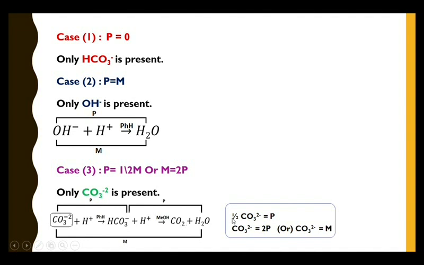So half of CO3 minus 2 is equal to P, therefore CO3 minus 2 is equal to 2P, or you can say when 2P is equal to M, CO3 minus 2 can also be shown as M. So when P is equal to half M, only carbonate is present and its alkalinity is expressed as either 2P or M.